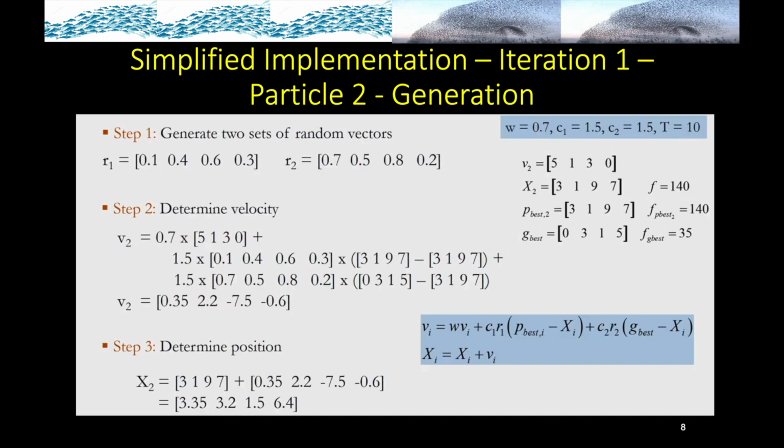We'll add the v2 value into the previous position of 3197 to generate the new position x2, which in this case comes out to be 3.35, 3.2, 1.5 and 6.4, and we're just placing the different parameters in the equation to get the new position and the new velocity vector for particle 2 in iteration 1.